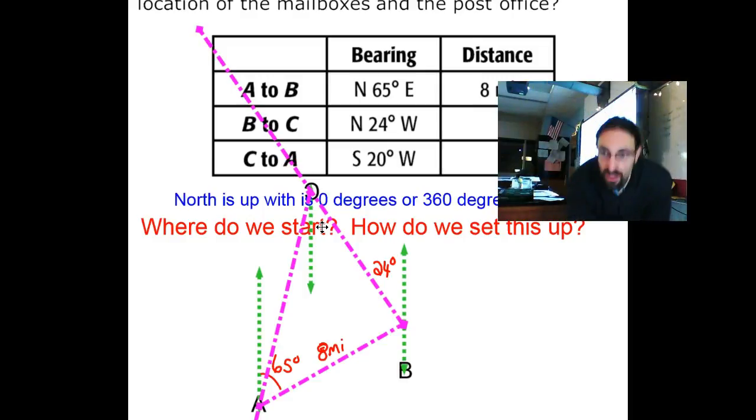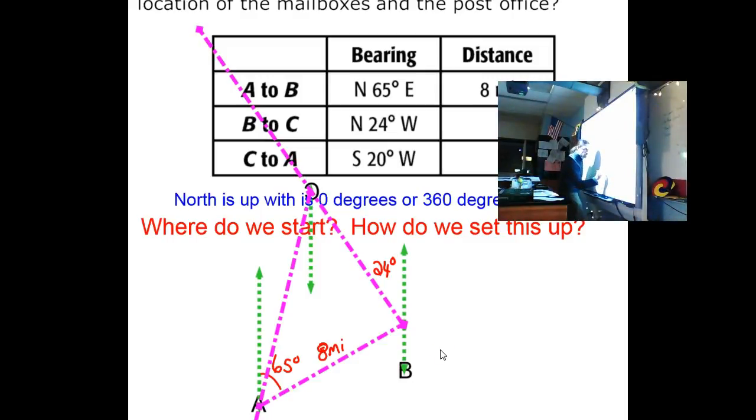And you know what? These green parallel lines give you angle measures, and that's really the whole point, because all these north-south lines are parallel. So I can look back and say, oh, wait a minute. If I have transversals cutting across parallel lines, then I know, using alternate interior angles, what these angle measures are. So let's check this out.